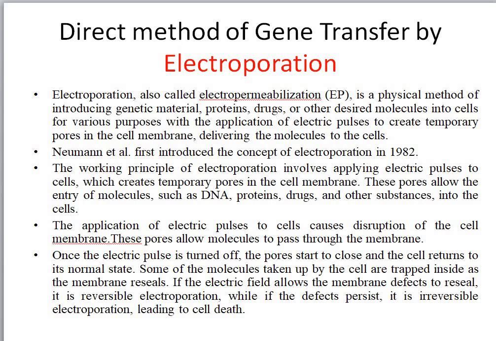Direct method of gene transfer by electroporation. The other name of electroporation is electropermeabilization. It is a physical method of introducing genetic material, proteins, drugs, or other desired molecules into cells for various purposes, with the application of electrical pulses to create temporary pores in the cell membrane, delivering the molecules to the cell.